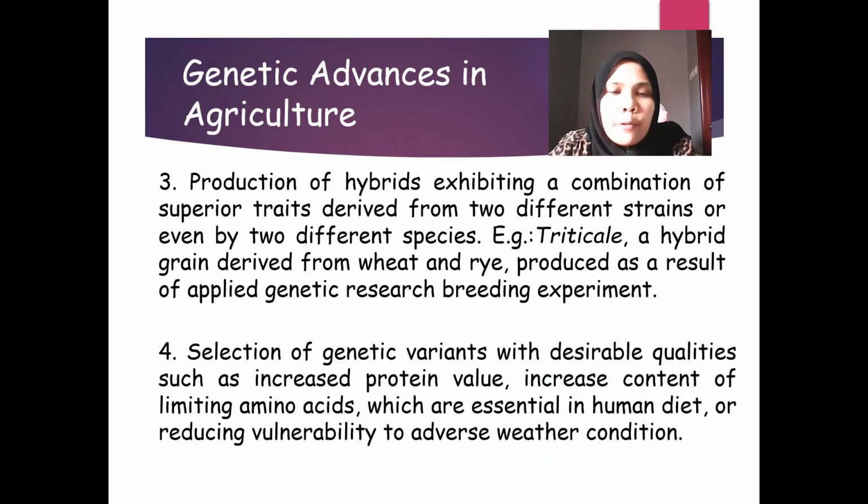And then number 4, selection of genetic variants with desirable qualities, such as increased protein values, increased content of limiting amino acids, which are essential in the human diet, or reduced vulnerability to adverse weather conditions, because some plants cannot live in harsh weather. So we want to enhance this feature. We hybridize it with other plants that can withstand the weather.